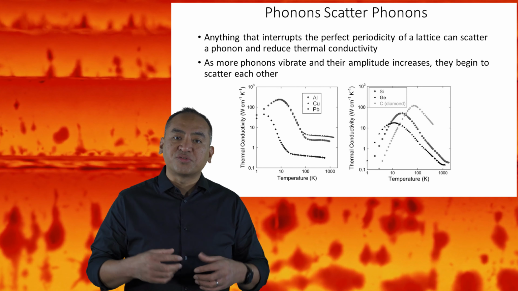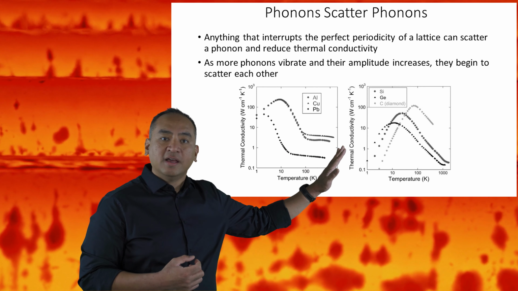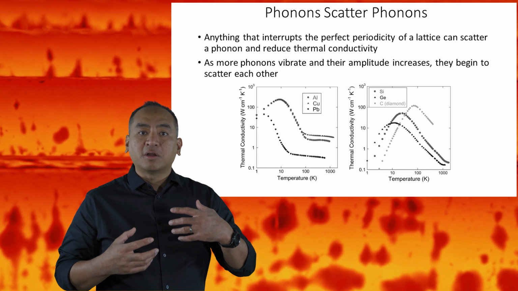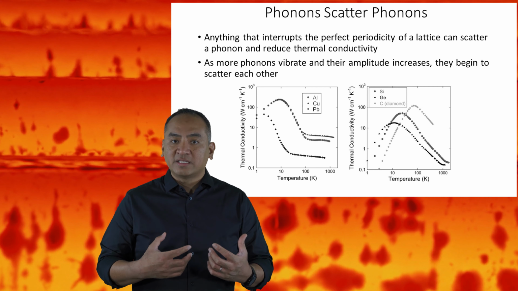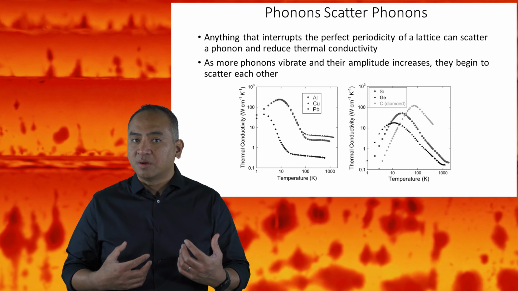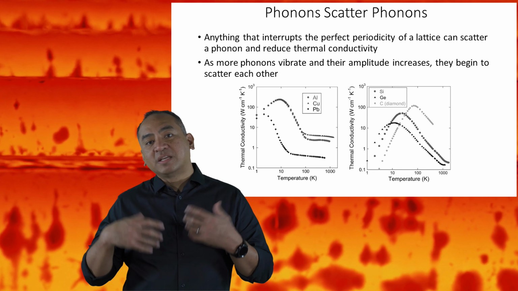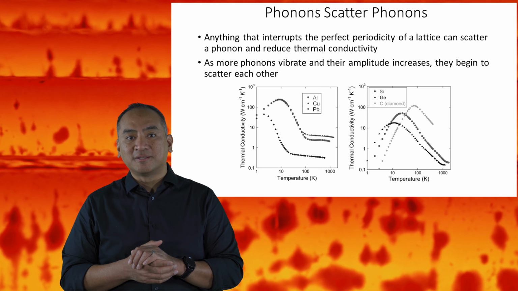So heat is transferred mainly by phonons. On the graph on the right, you can see that the peak thermal conductivities for these materials occur below 100 degrees Kelvin. The thermal conductivities for these materials at room temperature are much smaller than they are at very low temperatures because the phonons in the materials are scattering other phonons.